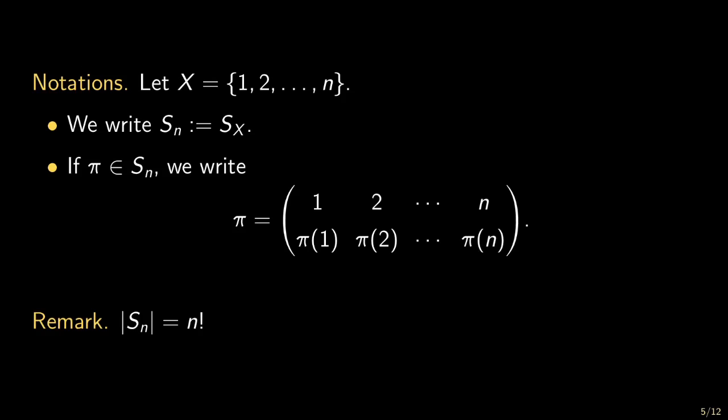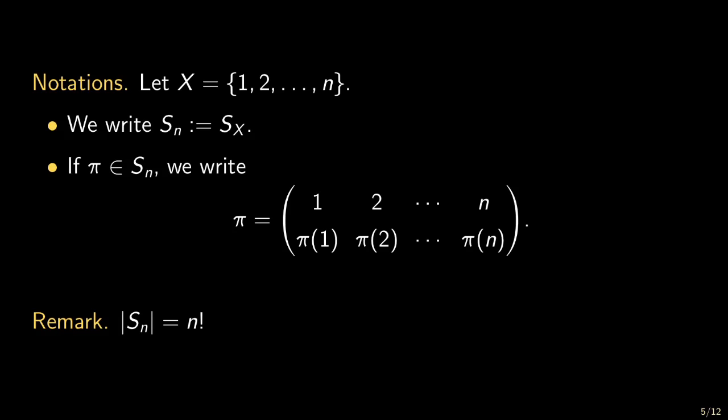An interesting case is when X is a finite set. When X is a finite set, we simply choose the elements 1, 2, up to n as its elements, because n simply counts the number of elements. As you can see here, 1, 2, 3, 4, and so on up to n are not used to denote numbers.